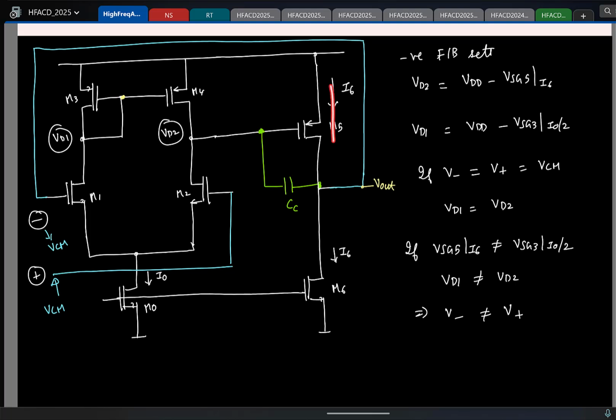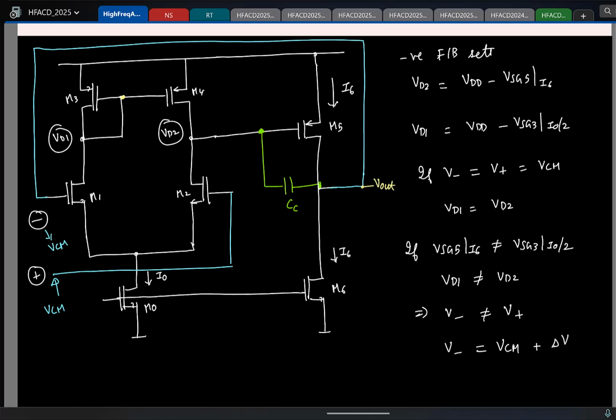So let me repeat it. The negative feedback loop is trying to keep these two currents equal. So which means the drain voltage VD2 is biased and set to VDD minus VSG5. And of course VD1 is set to this value, VDD minus VSG3, right? Now if these two VSGs are not equal, then my drain voltages are not equal. We know that if the drain voltages are equal, the gate voltages are equal. The drain voltages are not equal, so the gate voltages cannot be equal. Okay. So which means now my inverting terminal will not be at VCM.